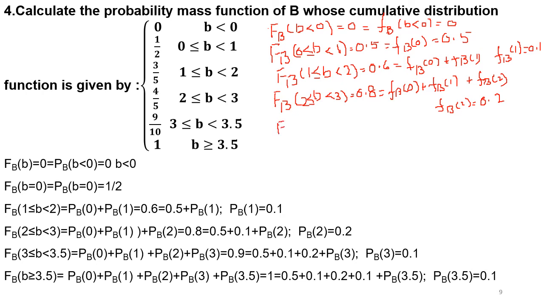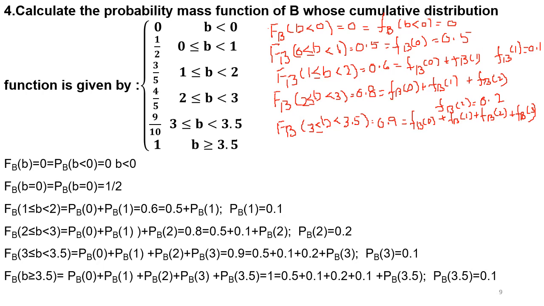Next data is given as fb of all values of b greater than or equal to 3, less than 3.5, its value is equal to 9 by 10, that is 0.9. It is the sum of fb of 0, fb of 1, fb of 2 plus fb of 3.